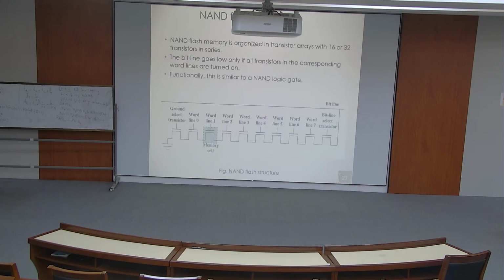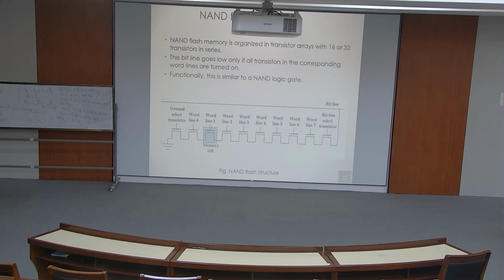Now, the next one is the NAND flash memory. For the NAND flash memory, if you try to see, we have the memory which is organized in a transistor array. We have a number of 16 or 32 transistors which are arranged in series. Here you can see that we have a number of transistors. It has to be 16 or 32, and they need to be organized in series.